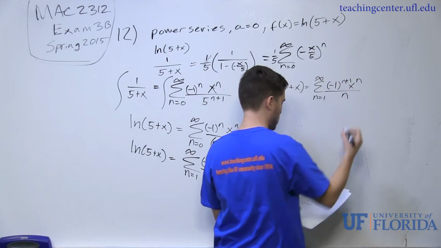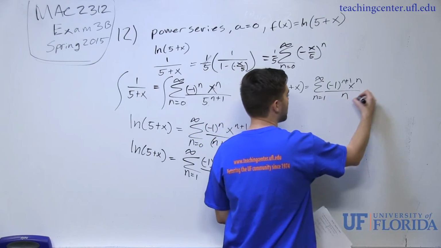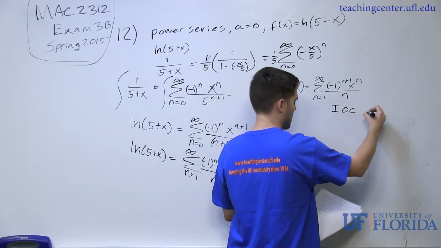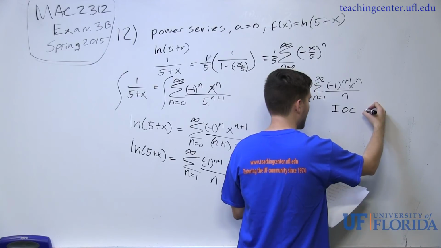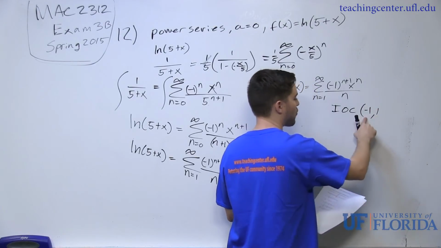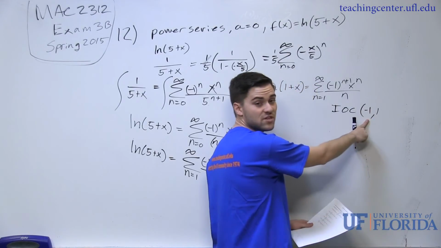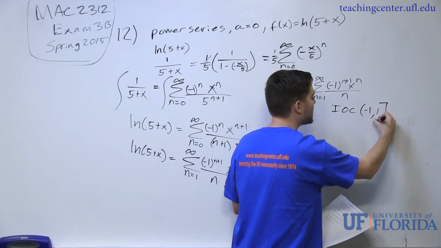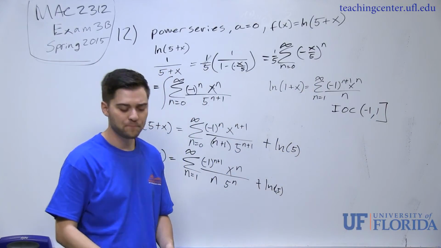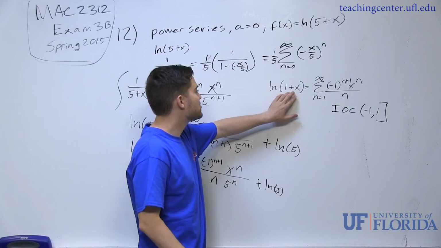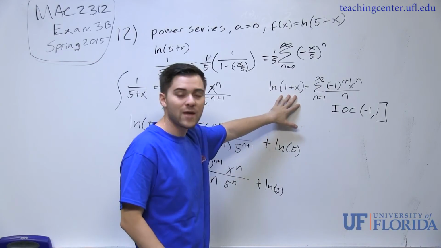And that has an interval of convergence of negative 1 to 1, with a parenthesis on the left, so exclusive of negative 1 and inclusive of 1.